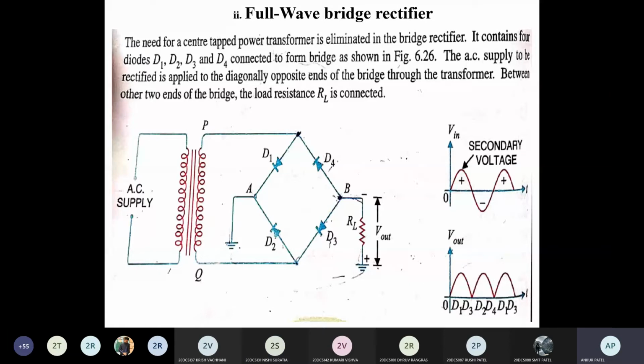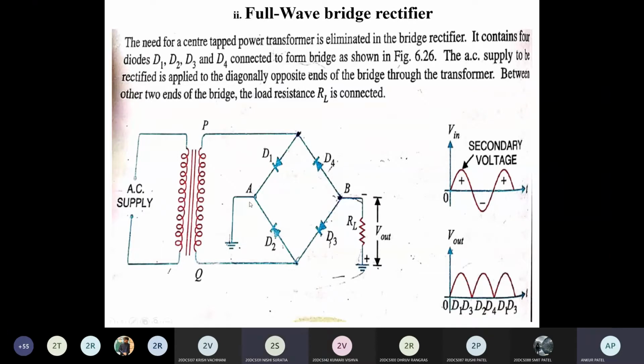Okay, which path will it follow? Suppose this is my cursor. During the positive half cycle, P is positive, Q is negative. From P, I come to this node, then it goes through D1, then D1 to D2. But D2 is reverse biased, so it will not flow through the D2 path.